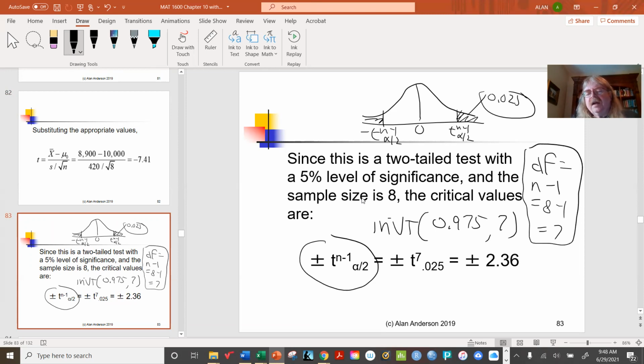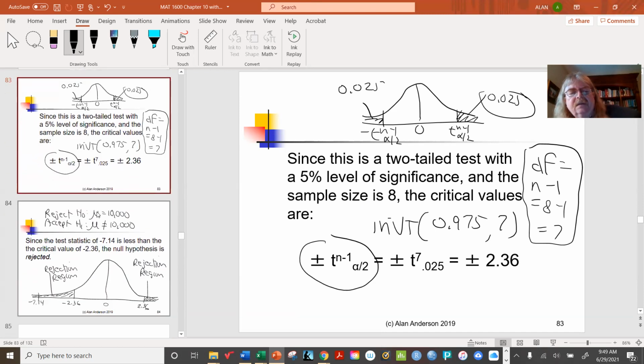And you'll end up with the correct critical value, which is plus and minus 2.36. Those are the boundaries of our rejection region. If the test statistic is greater than positive 2.36 or less than negative 2.36, we will reject the null.